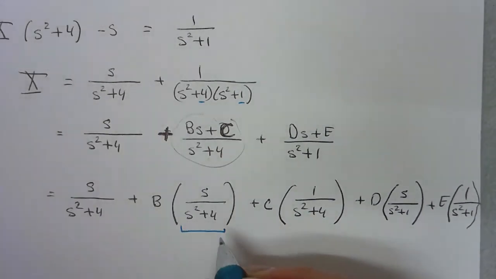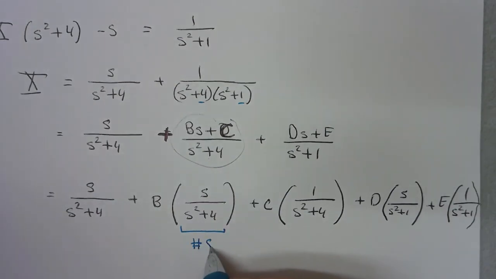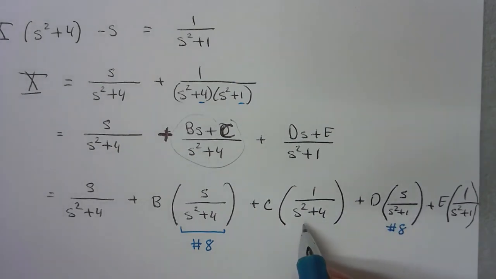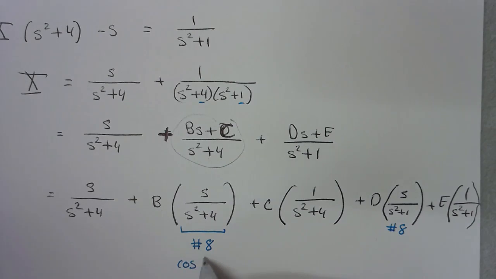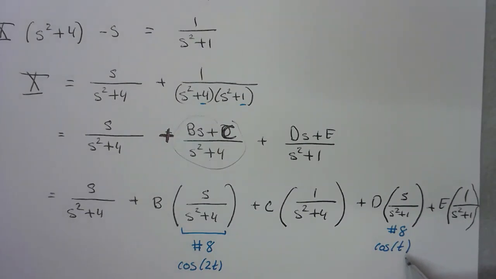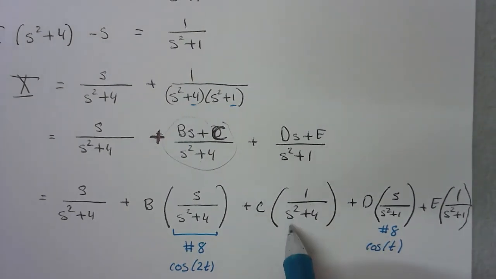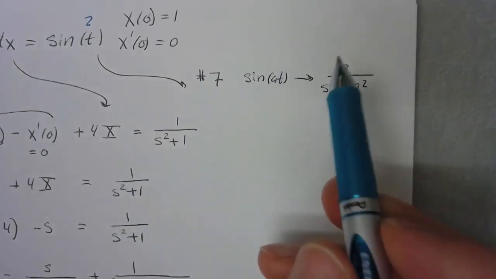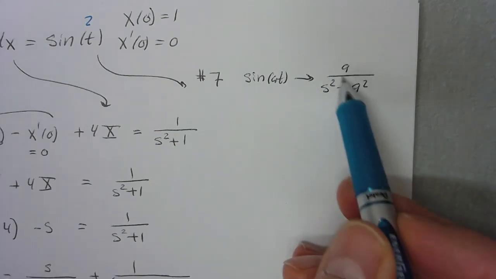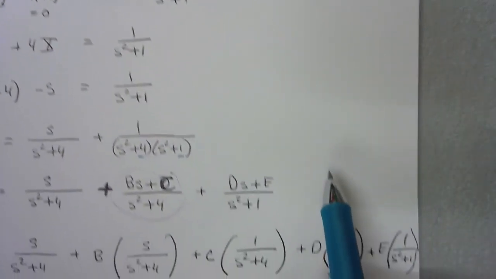Why did I do this? Well, because this is in the table, or almost in the table. This is number 8. This is cosine 2t, and this is cosine of 1t. This is not quite in the table yet. It's almost a sine. But remember, sine of at is a over s squared plus a squared. So the numerator is the square root of this constant.